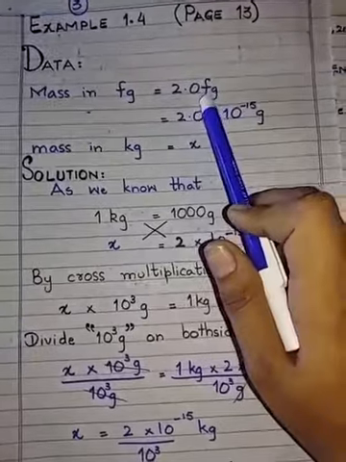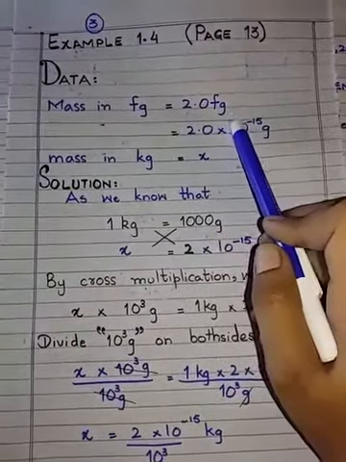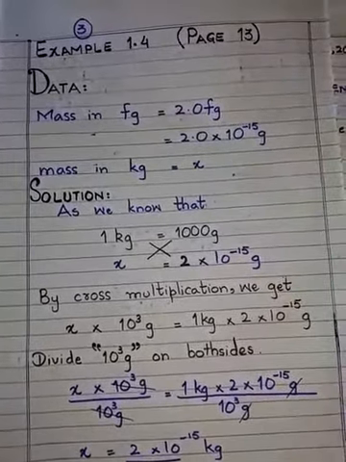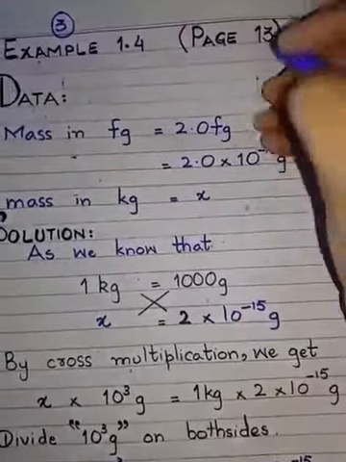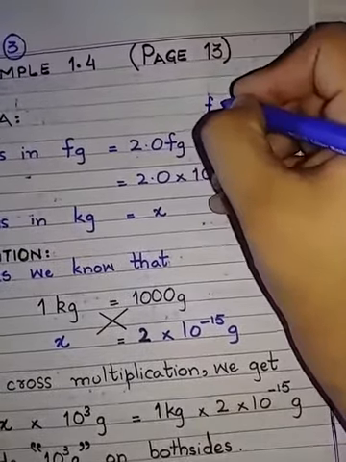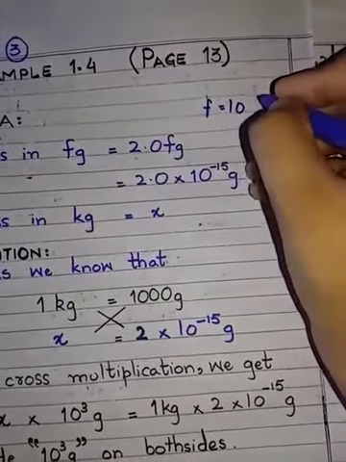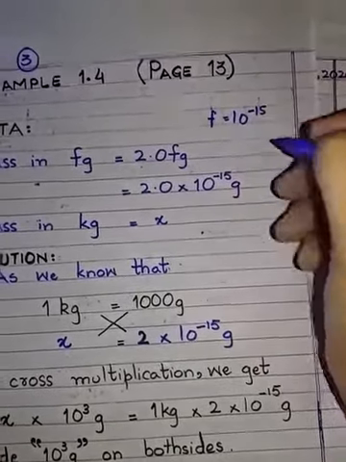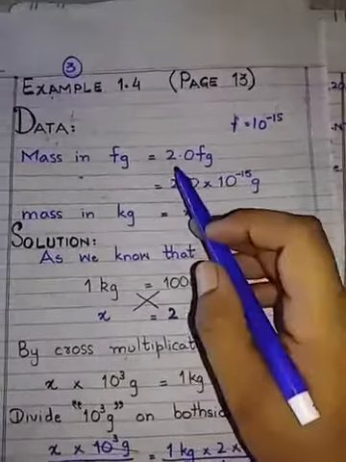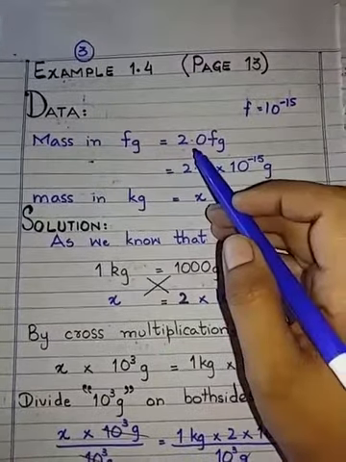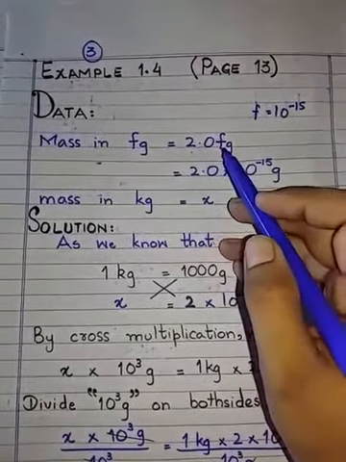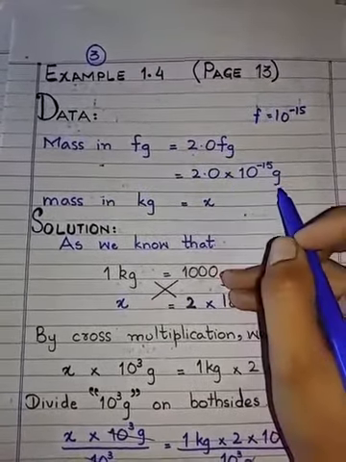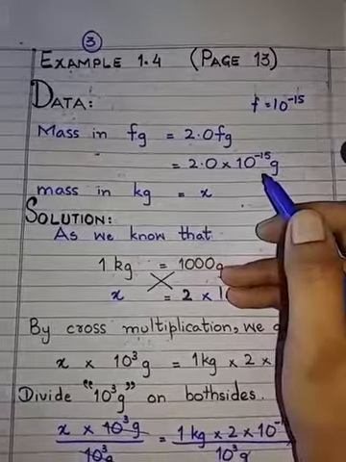Simply replace this femto with the power of 10. In the table of prefixes, femto is equal to 10 raised to power minus 15. So the mass in femtogram is equal to 2.0 times 10 raised to power minus 15, and gram will remain the same.